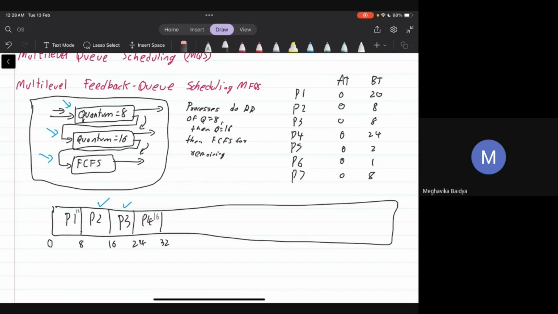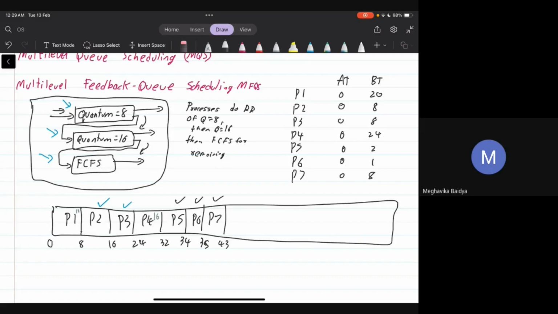And then we have P5. P5 is only 2, so we can take it to 34, and this is also executed. Then P6, 1 is there, 35, this is executed. And P7 is 8, right? So 8 will be the maximum. 35 plus 8 is 43, and this is also executed.